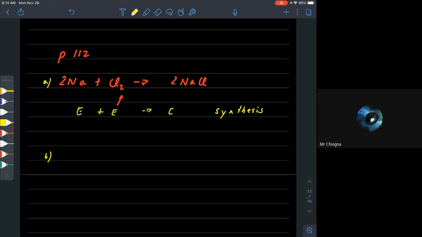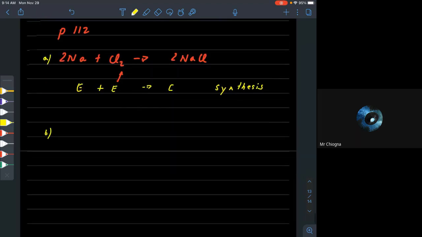Zinc plus nickel chloride produces nickel plus zinc chloride.